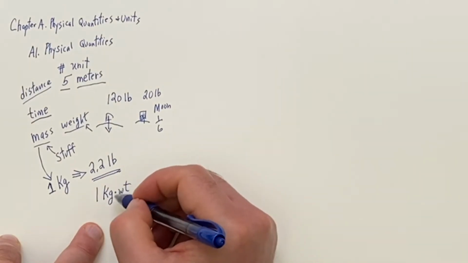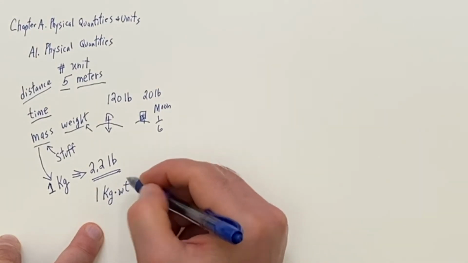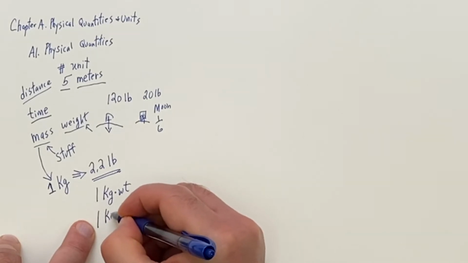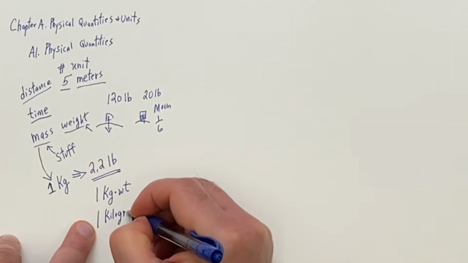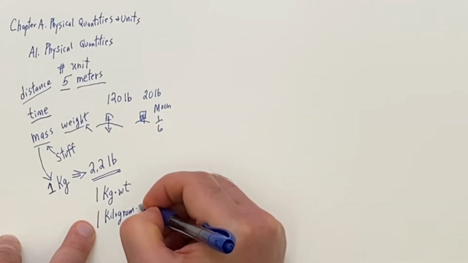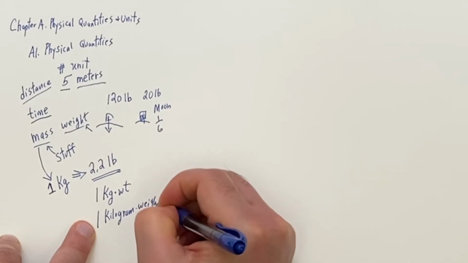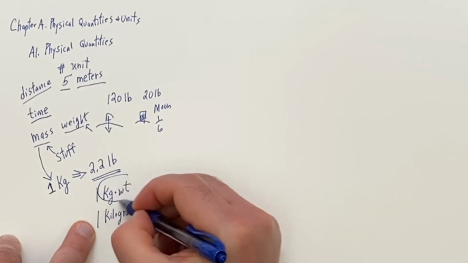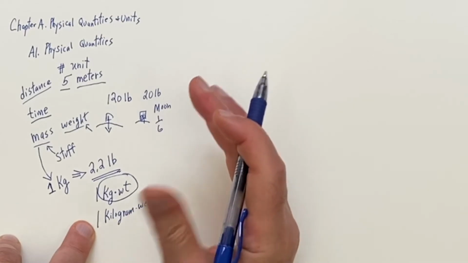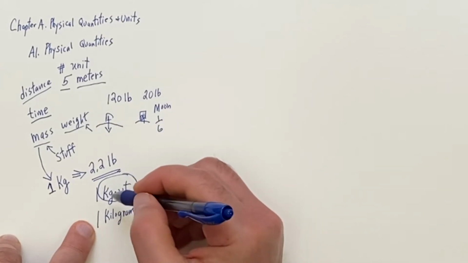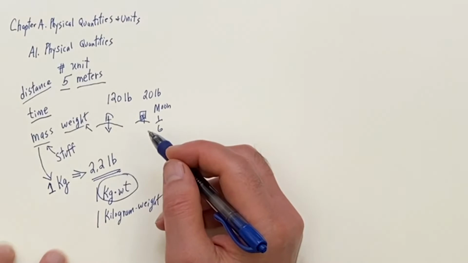This is actually a new unit, and maybe we could write it like this: kilogram weight, just make a longer word. So the kilogram weight is a unit that's together that refers to the weight of 1 kilogram on Earth.